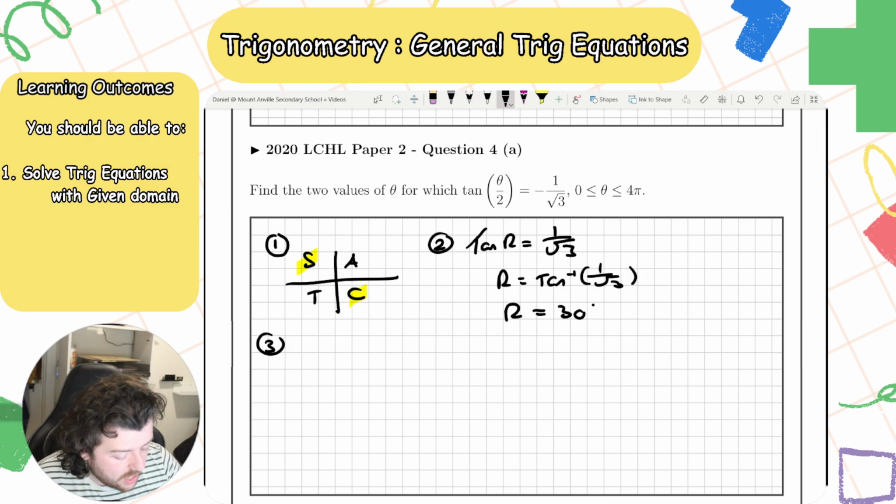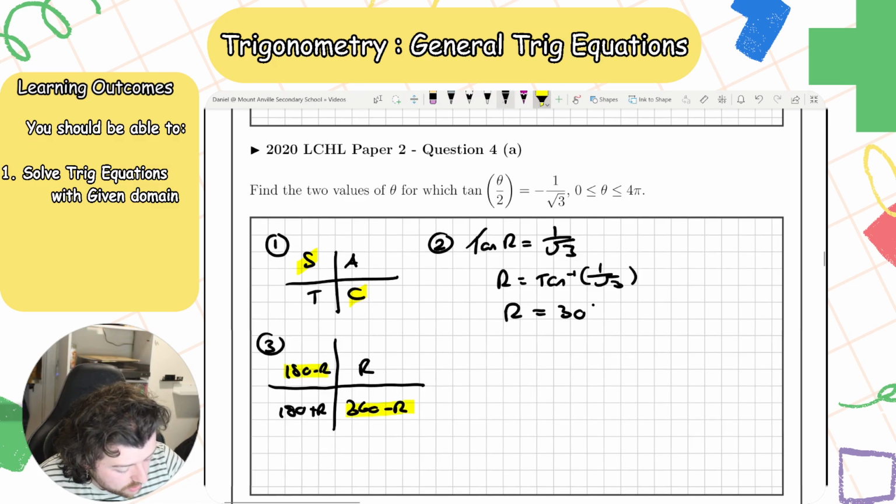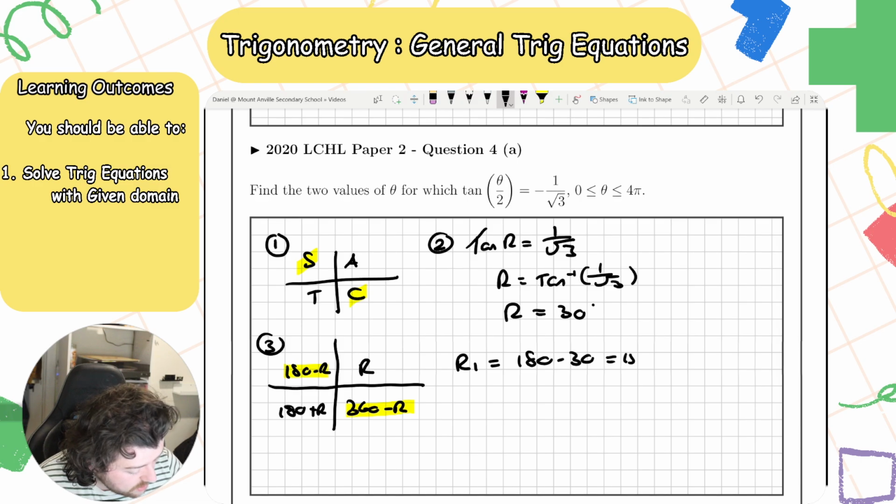Next step, I need to find my two initial solutions. So 180 minus my reference angle, 180 plus my reference angle, and 360 minus my reference angle. So I'm in quadrant 2. My first angle is going to be 180 minus 30, which is 150.